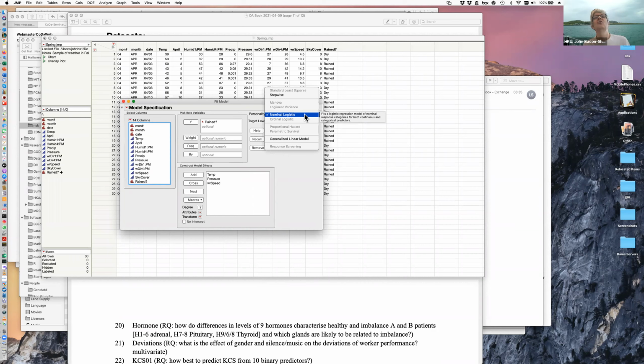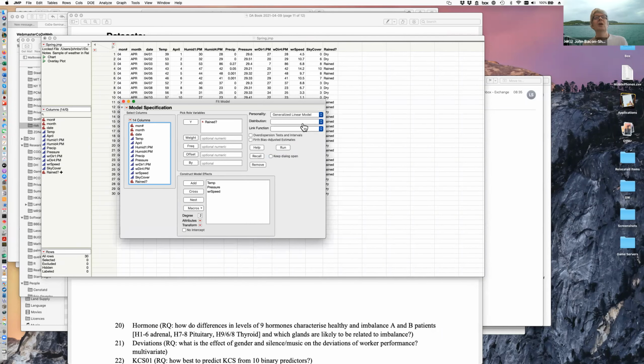We can choose generalized linear model because generalized linear model includes logistic. If we chose generalized linear model, we would then have to tell it this is binomial data. And binomial and a logit link function is the same as fitting a logistic model. But we actually have another choice in here, which is probit.